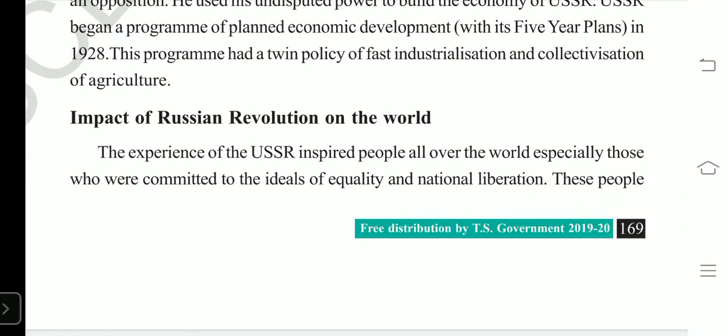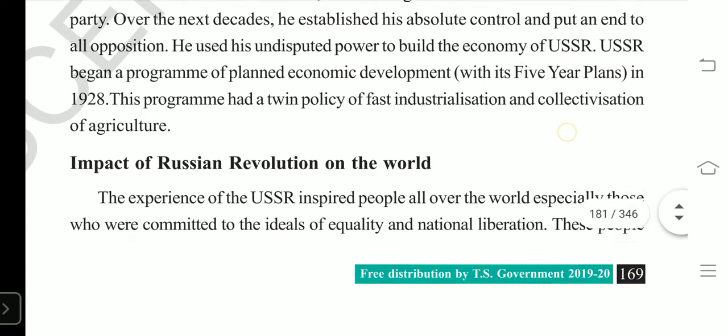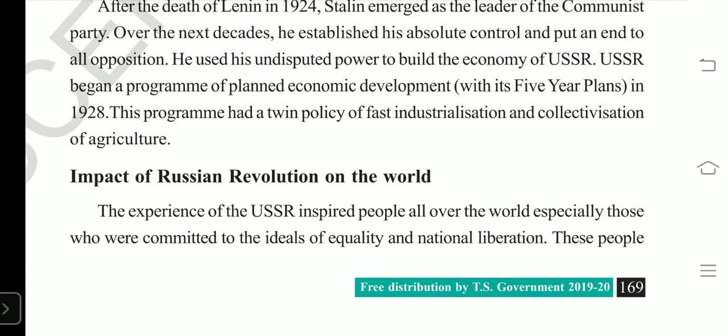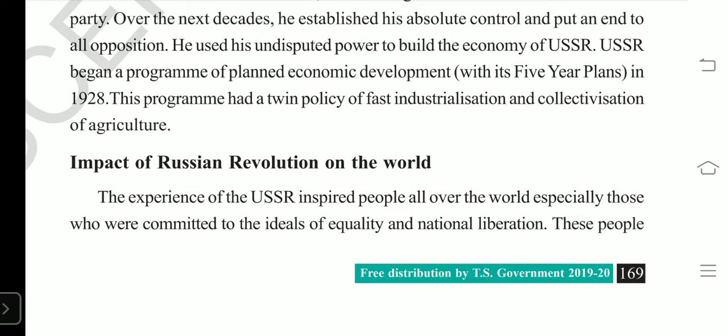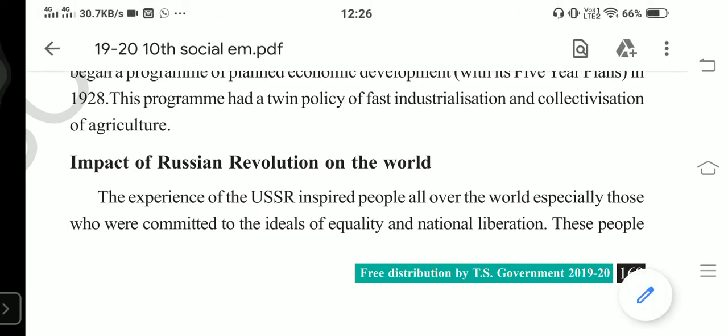So with great progress, with great economic development, with the 5-year plans, Russia started influencing many nations. Many nations in the world were motivated by the Russian Revolution. So let's see what the impact of the Russian Revolution on the world was.